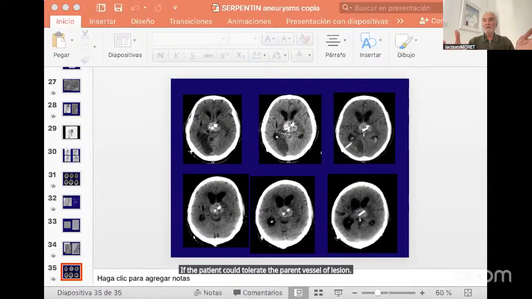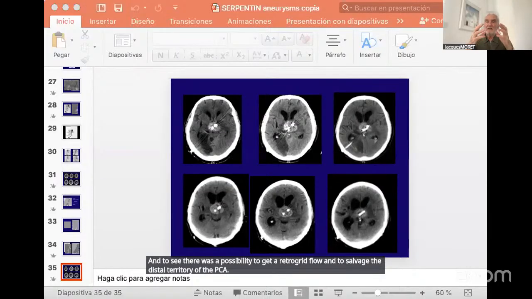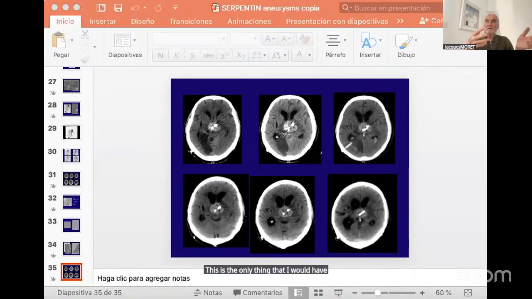Where you were inside the mesh of the stent, it was not difficult to place a balloon to test occlude at the origin of the posterior circulation and to see if there was a possibility to get a retrograde flow and to salvage the distal territory of the PCA. This is the only thing that I would have done differently compared to what you did.